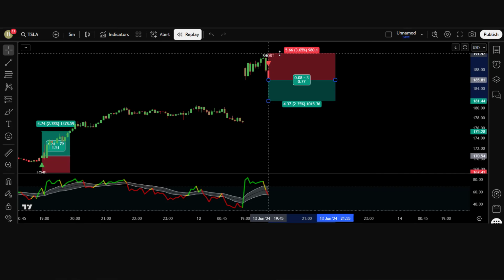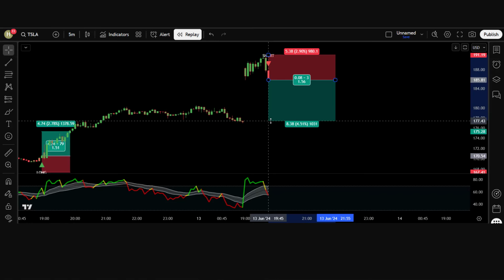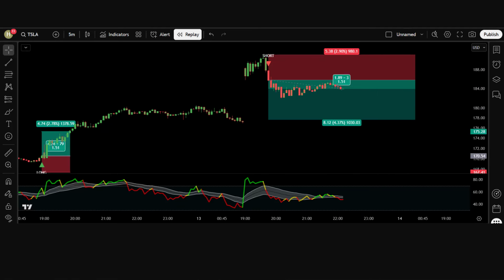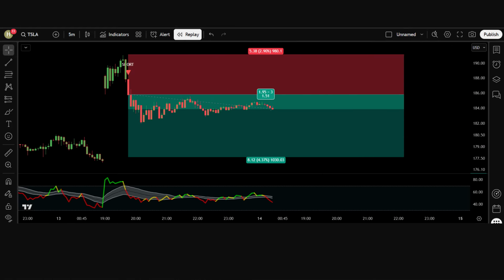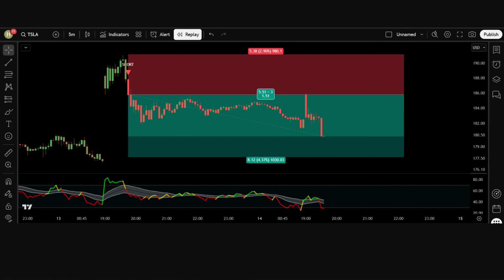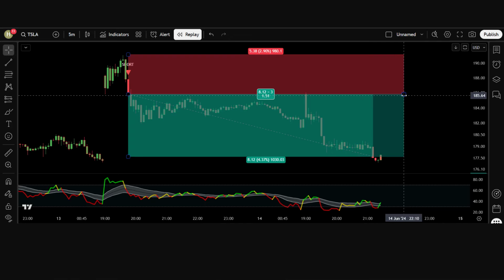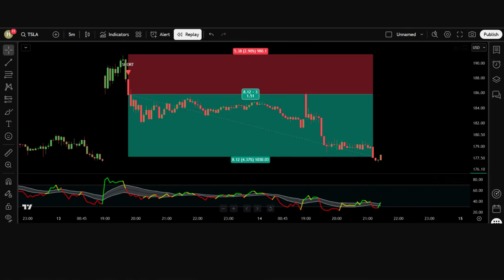Place your stop loss at the current market higher level, with a 1 to 1.5 risk-reward ratio. Let's see what happens to our trade. Our trade is running in profit. We have won the trade. Wait for the next signal.